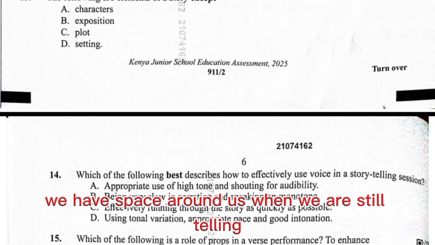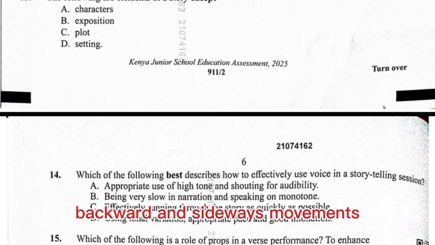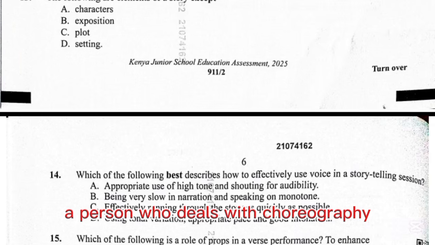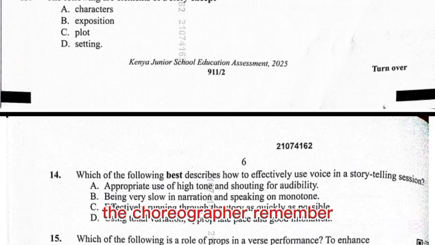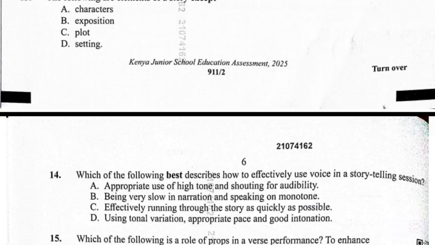When we are storytelling, we can make meaningful movements, for example, forward, backward, and sideways movements. That's how we use the stage. And that is done by a person who deals with choreography, the choreographer. Remember, it's one of the careers that we talked about earlier.